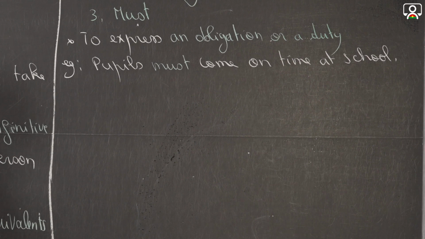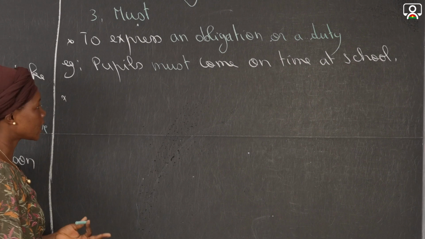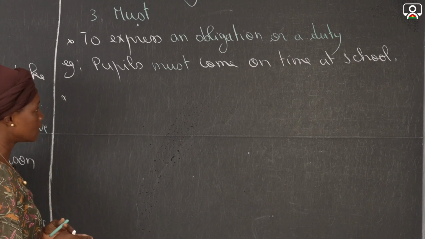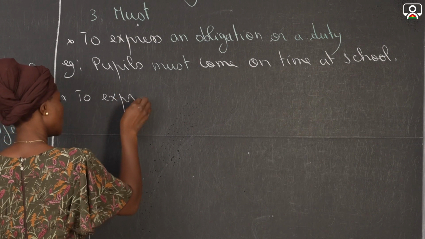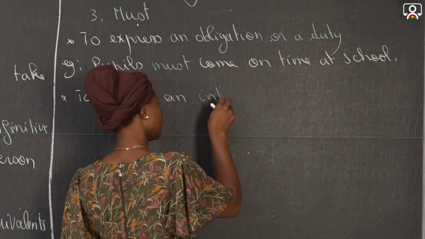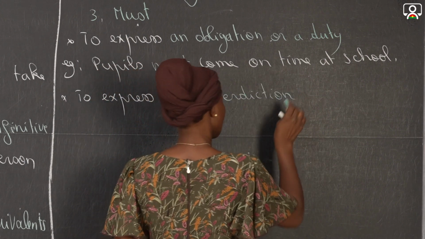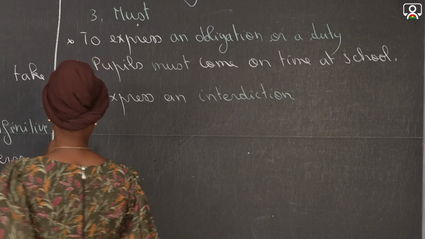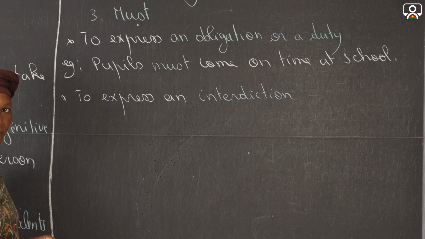Another use is that we can use it also to express something that is forbidden. An interdiction. So, to express an interdiction. In this case, we use it in the negative form.